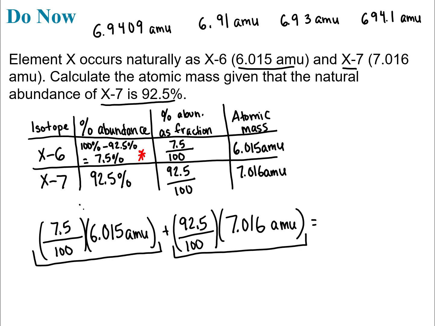So the contribution from X6, with sig figs taken into consideration, is 0.45 AMU. The contribution from X7 is 6.49 AMU. And when you add those two together, you get 6.94 AMU.